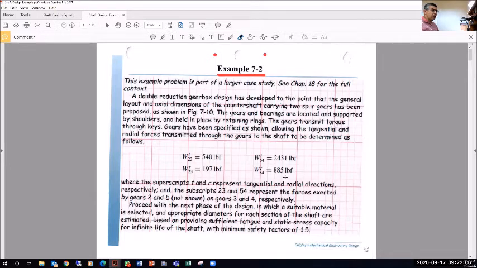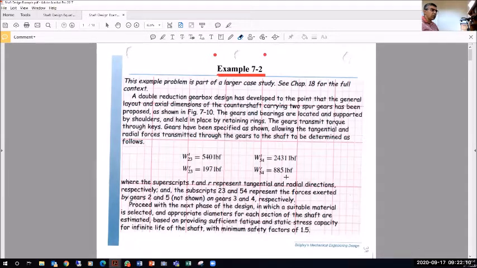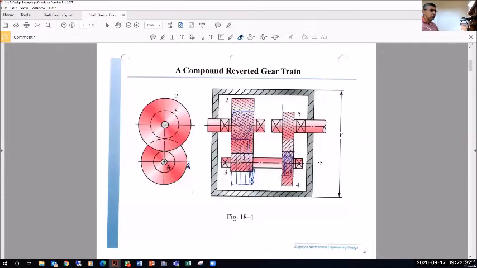much about that. I would like to simply introduce the problem: this is a double reduction gearbox design that's already been developed. And by the way, in the industry, you may have multiple groups working on this. You may have someone designing the gears and finding the forces in the gears and providing these numbers to a designer or shaft analyst to come up with the dimensions.